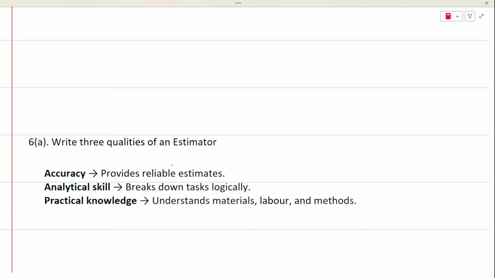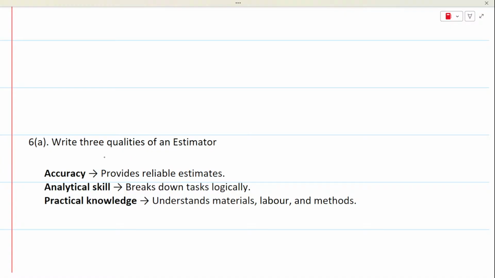Before that the role of estimator comes, because this person predicts the approximate quantity of the materials, manpower and the other machinery that is required for the completion of the project.